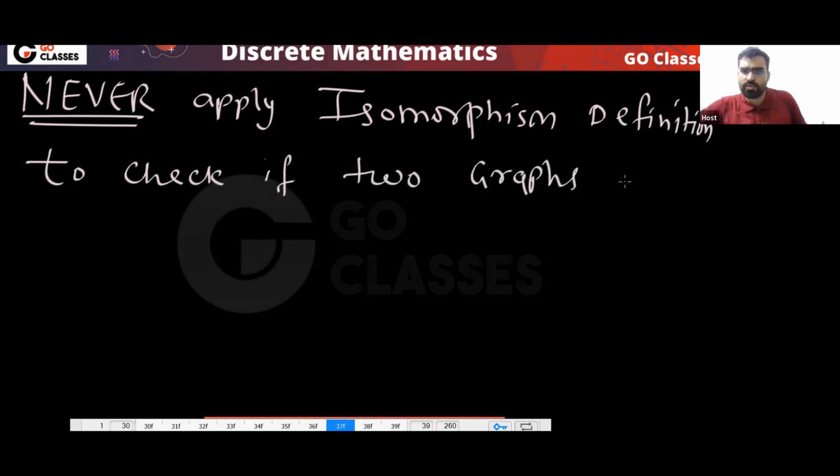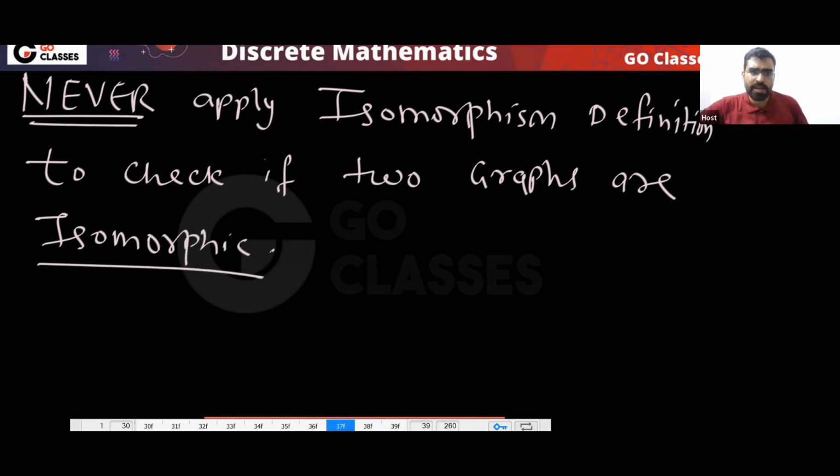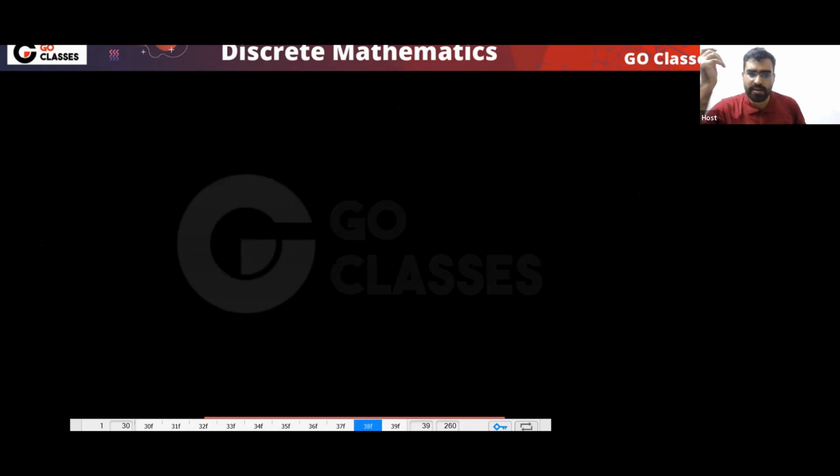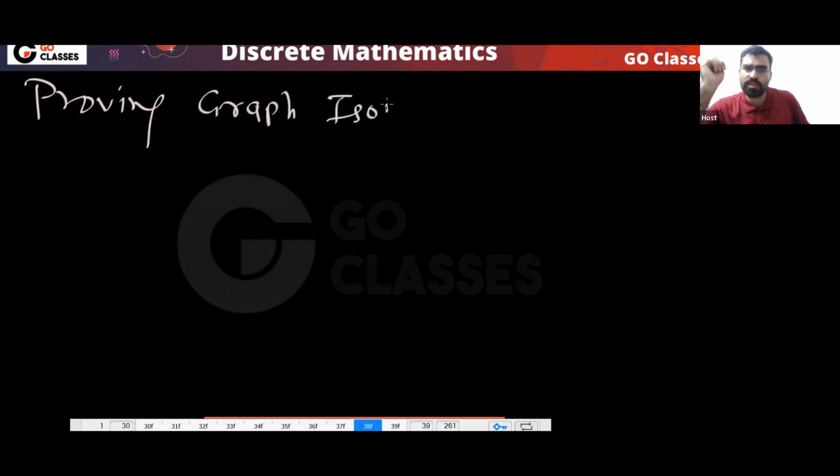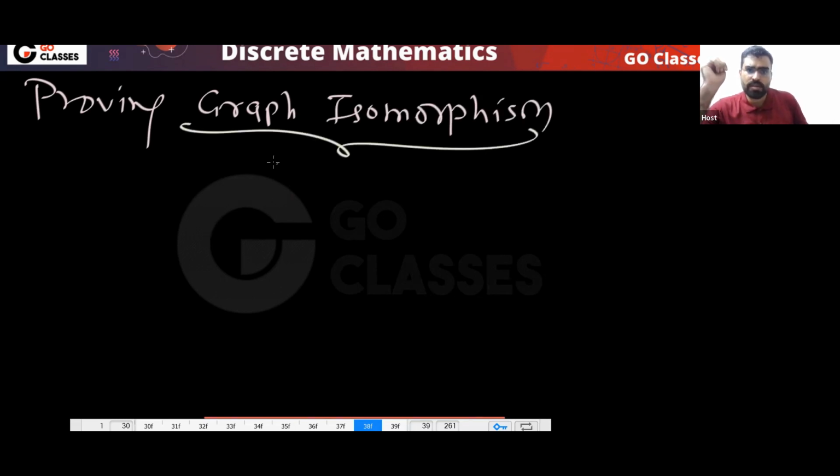Actually, proving that 2 graphs are isomorphic is very hard. Let me tell you, proving graph isomorphism, if you want to prove that 2 graphs are isomorphic, this problem is a very hard problem.